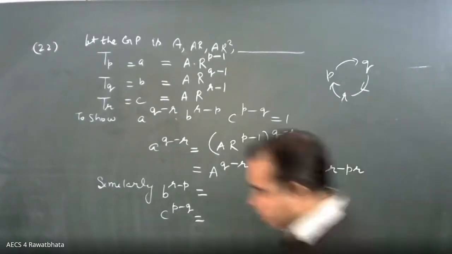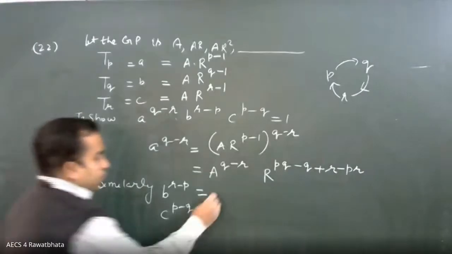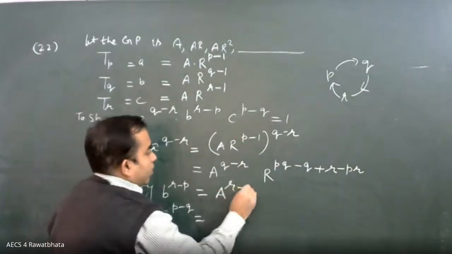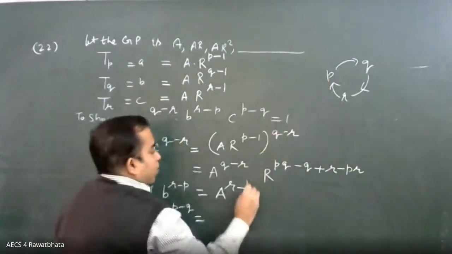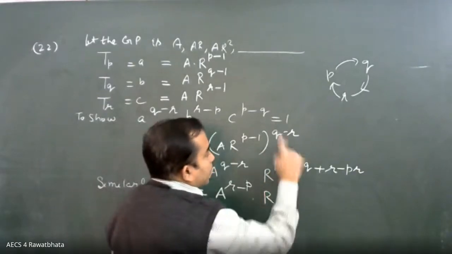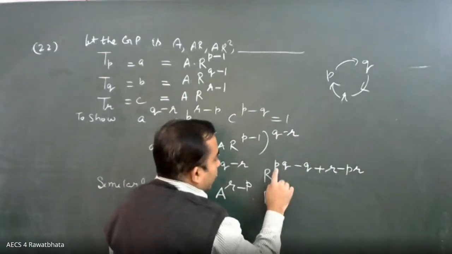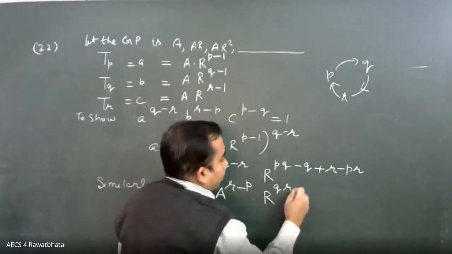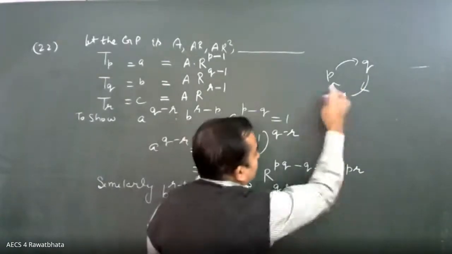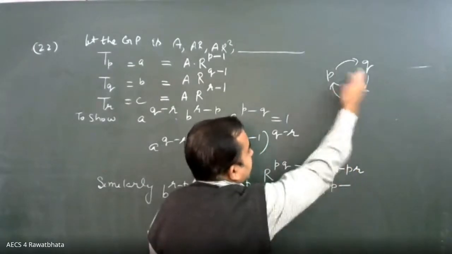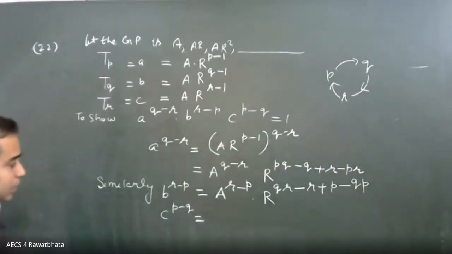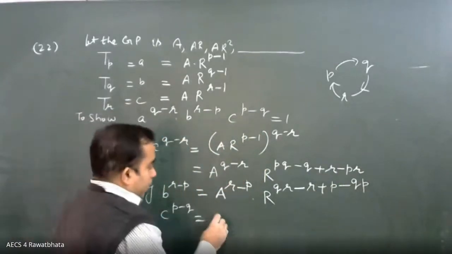So if you want to write similarly, it can be done like this, capital A q minus r, then q के बाद क्या आ रहा है next r, then it should be r minus r के बाद next क्या आ रहा है p, r minus p into capital R raised to power p, where p was there, p के बाद q, तो p into q will become p के प्लेस में q and q के प्लेस में r minus q के प्लेस में q के बाद नेक्स्ट है r plus, r के बाद नेक्स्ट है p minus, p के बाद नेक्स्ट है q and r के बाद नेक्स्ट है p. इस तरह से आप similarly करके भी लिख सकते हैं, है ना, क्योंकि क्यों मल्टीप्लाई करें.